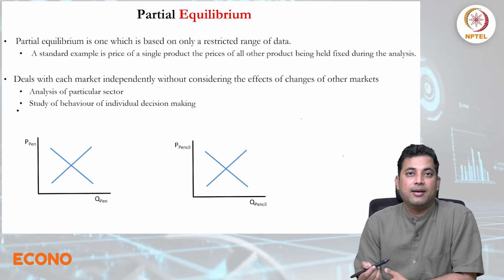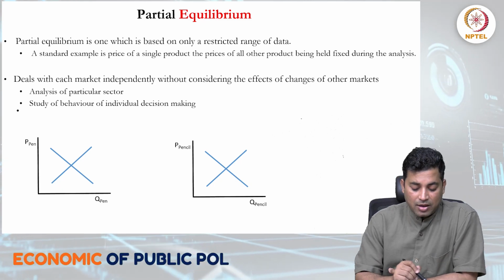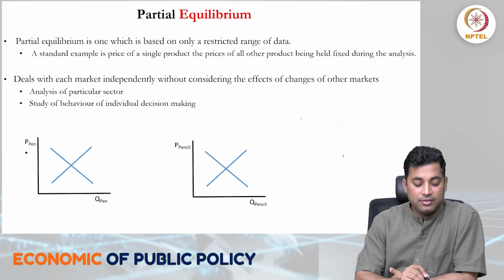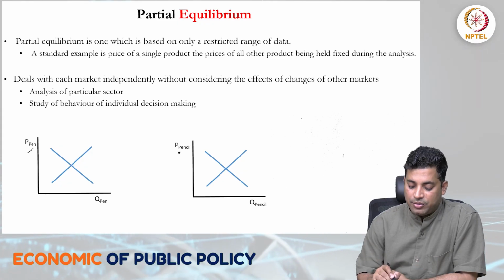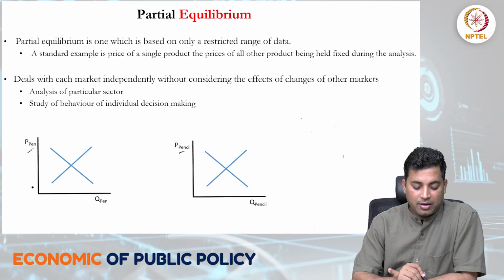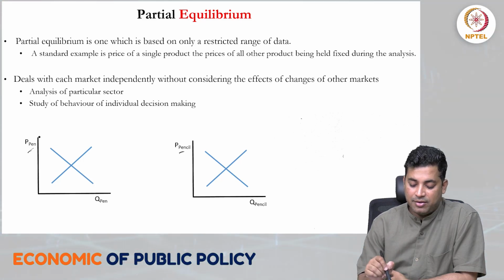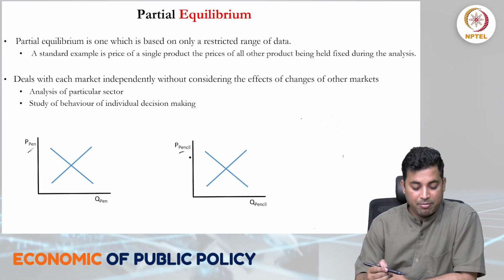decision making. Say here I have taken these two examples, like for students, we need a pen and we also need a pencil. So here we are keeping the relationship between pen and pencil independent.